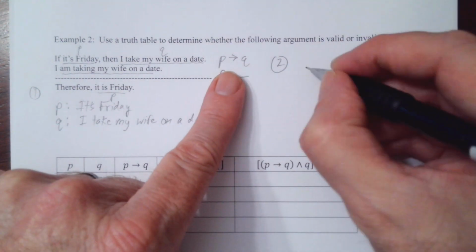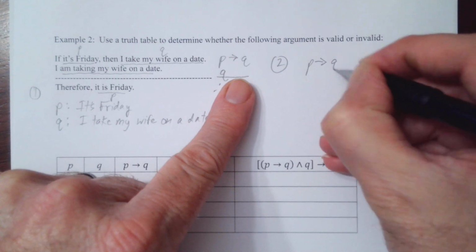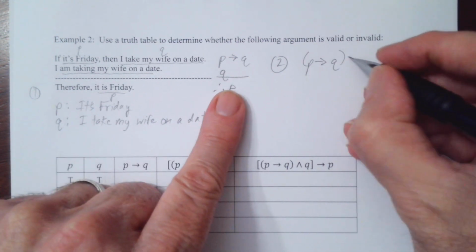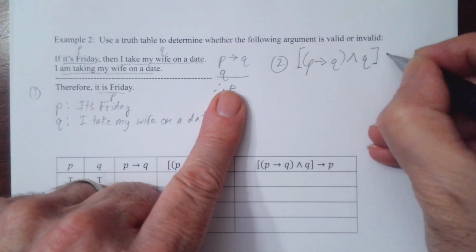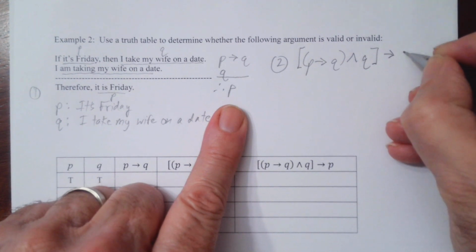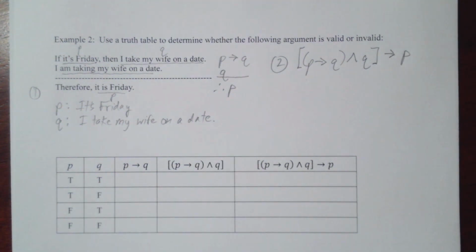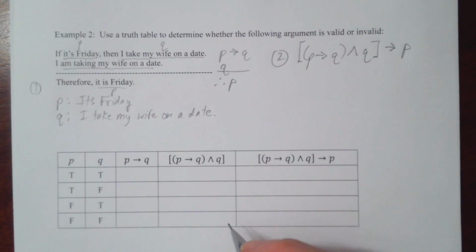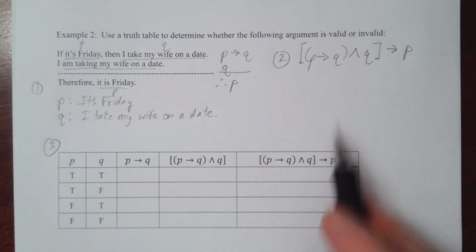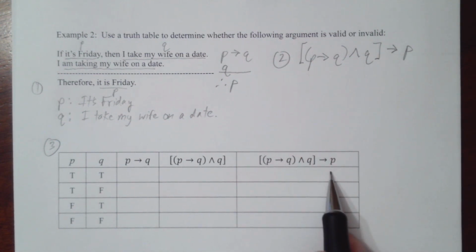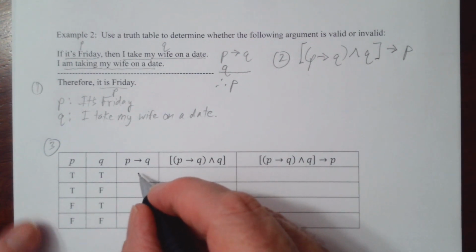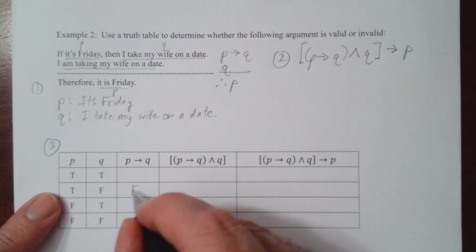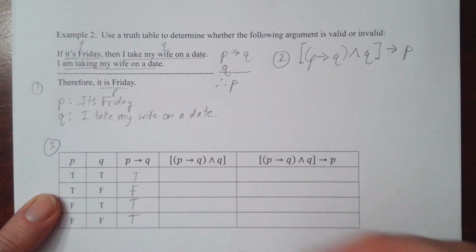conditional statement. So our premises are P implies Q, or if P then Q. And we also have Q. We want to know if those premises imply P. All right, so now we're going to figure that out using the truth table. And notice you can see in the truth table that is my last column. So here P implies Q is only false if we have true false. In every other case it'll be true.